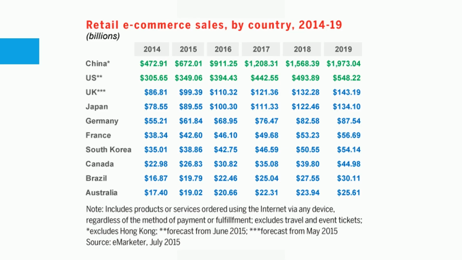As you can see in the image, China leads the e-commerce sales, with the highest sales among the other countries listed here, with a value of 472.91 billion in 2014 and 1,900 billion in 2019.